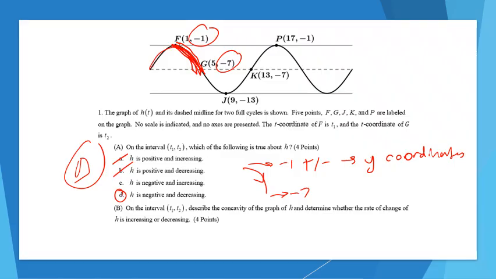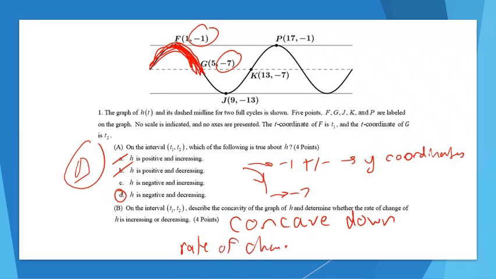This portion of the graph is clearly concave down, so we're just going to literally write concave down, and then write rate of change, and if it's concave down, it's either going to be increasing or decreasing. It's not going to be positive or negative or constant or linear. No, it's literally just one of those two words. In this case, the rate of change is decreasing.